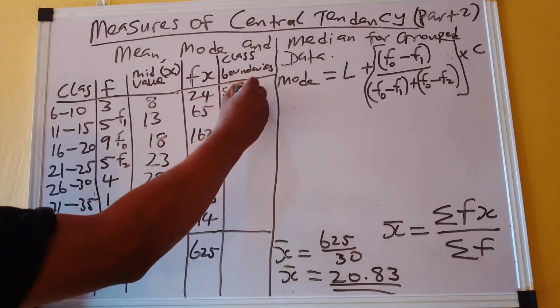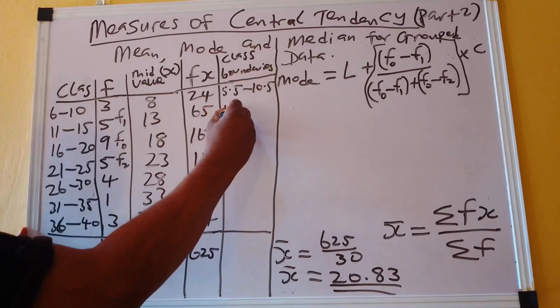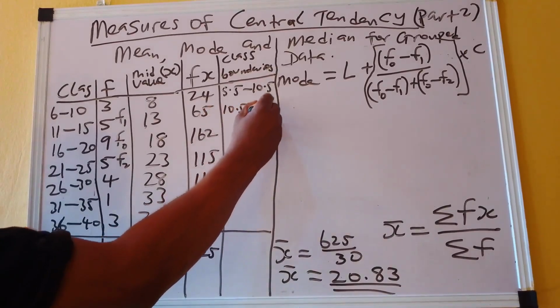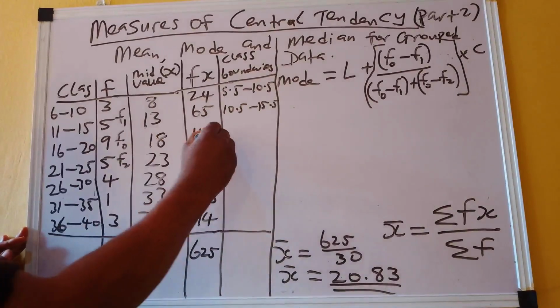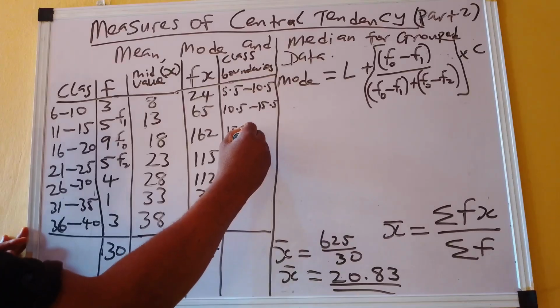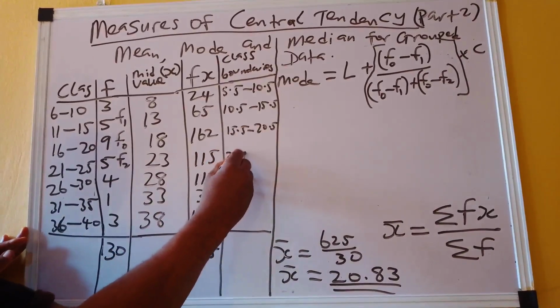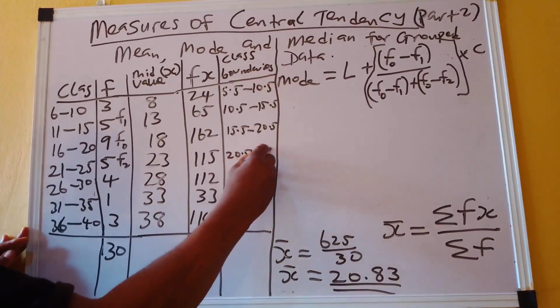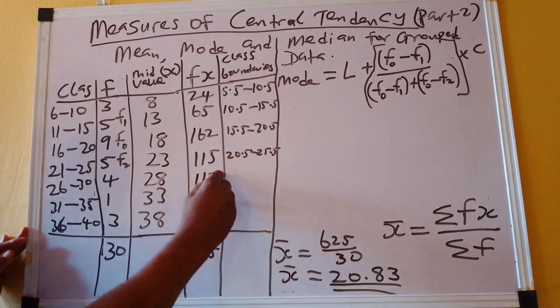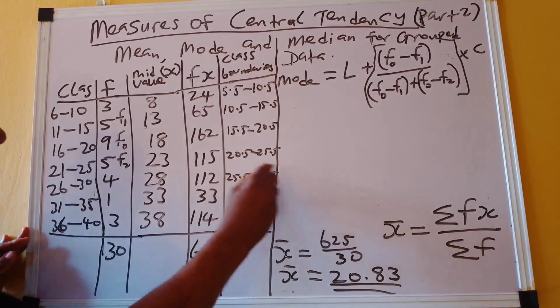So this will be 5.5 to 10.5. This will be 10.5 to 15.5. Then this will be 15.5 to 20.5. This will be 20.5 to 25.5. This will be 25.5 to 30.5.